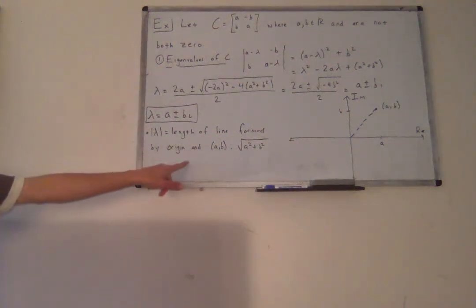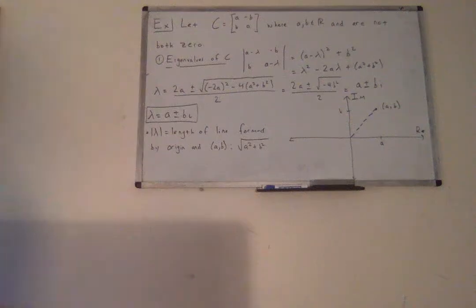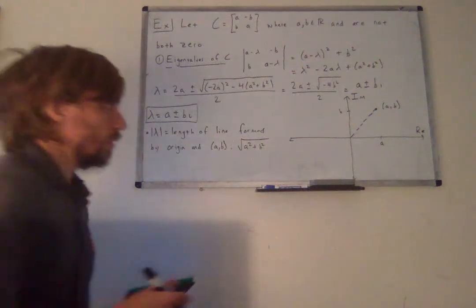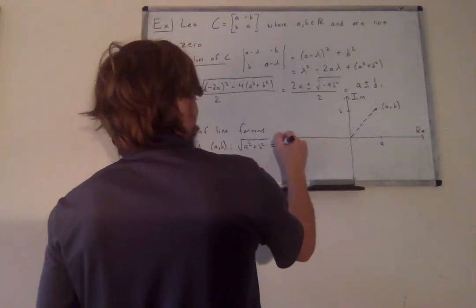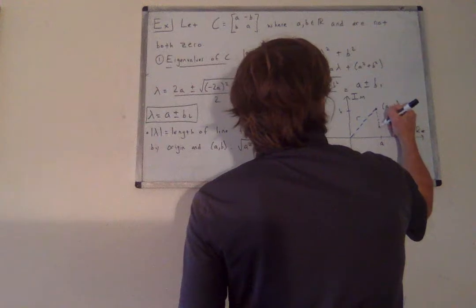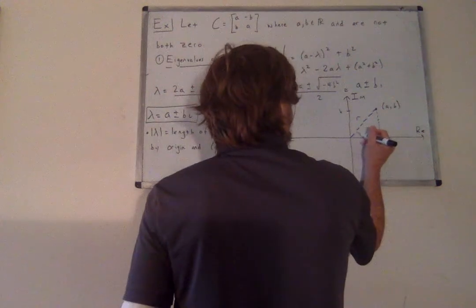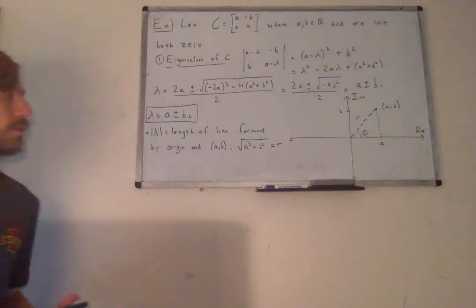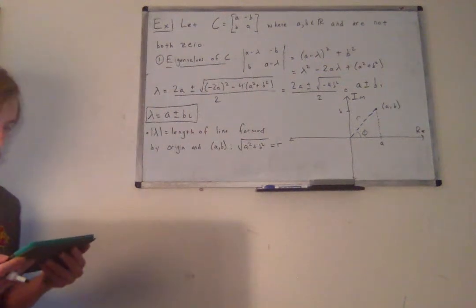So keeping this in mind, we can start to talk about the length of this line, which I'm going to call R, and the angle formed by the line and the x-axis, which I'm going to call phi.